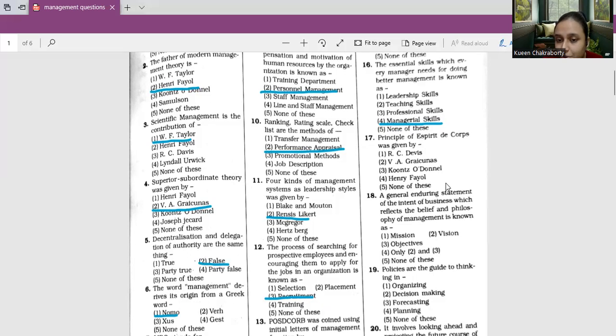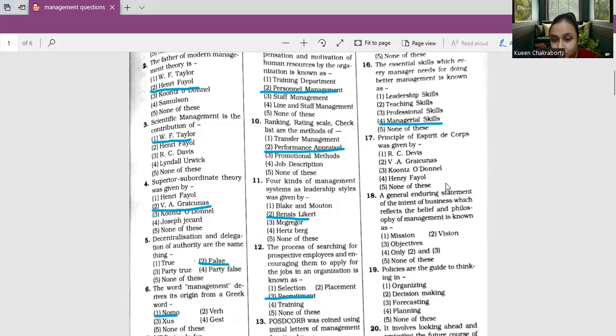Esprit de corps was one of the terms that Henry Fayol coined in his 14 administrative principles, which I already discussed in the previous video, so you can refer to that also. The principle states that an organization must make every effort to maintain group cohesion.